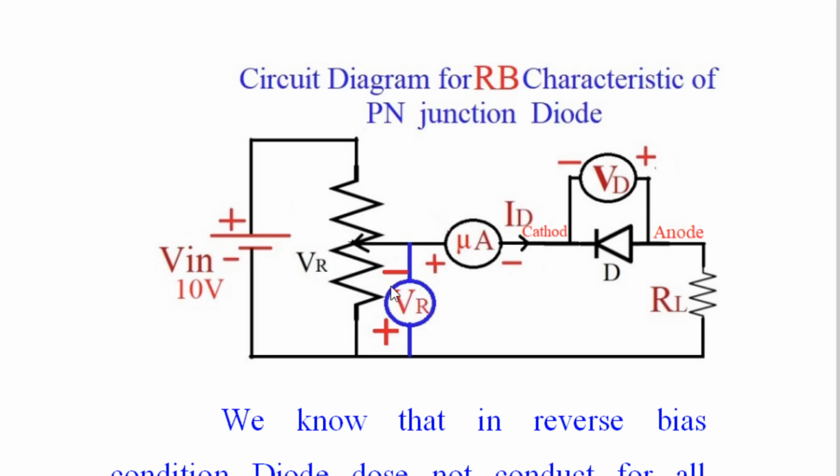Now here, very important things to be observed. Look at this voltmeter. It is connected such that the negative of the voltmeter is to the variable terminal, because this voltmeter should measure the voltage in minus.